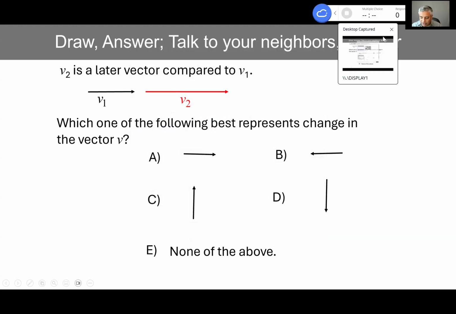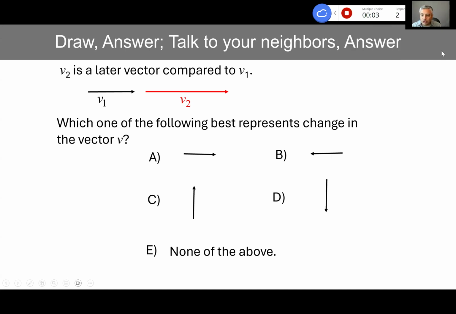Here comes the question. And you have 2 minutes. So make sure you draw them, okay, using two methods. Tails together, and from tip of which one to which? Remember that. Draw them.